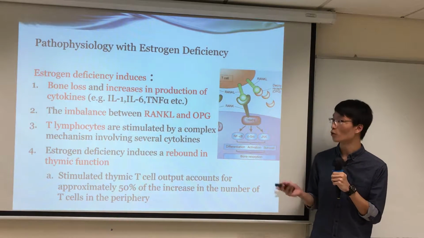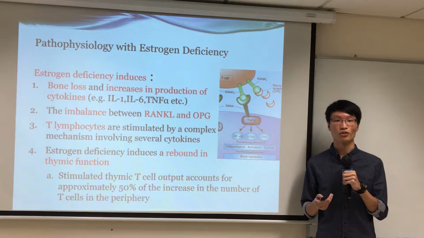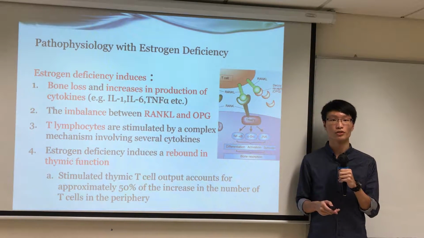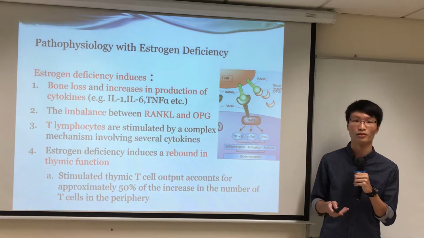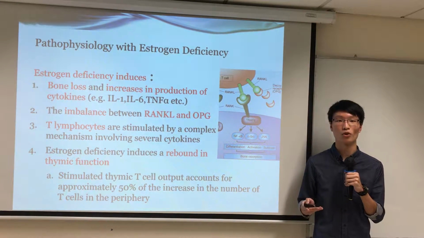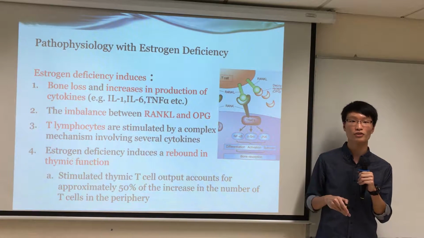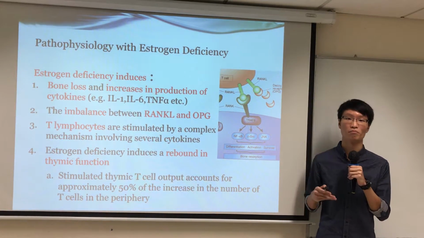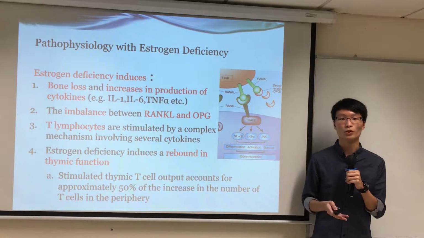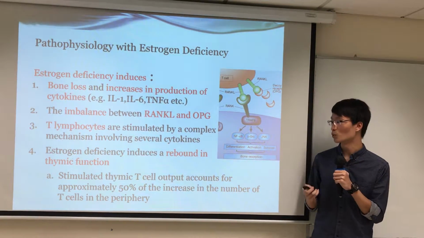It will bind with OPG and control cell proliferation. Estrogen deficiency also stimulates T cells, whose output is up to around 50% more than normal. Through the complex mechanism in this picture, bone resorption is significantly increased.